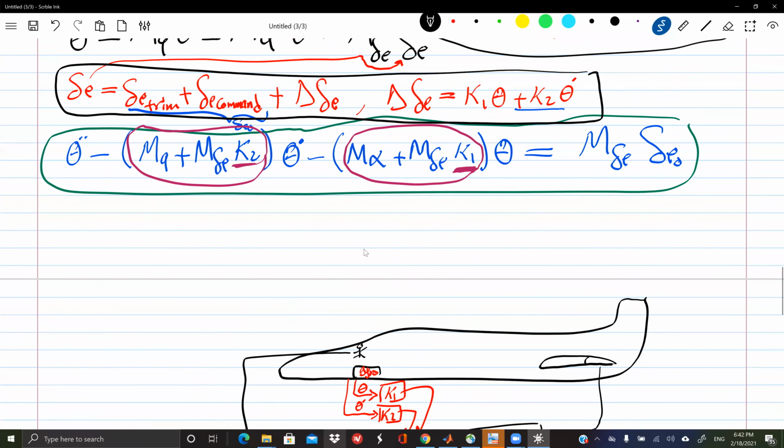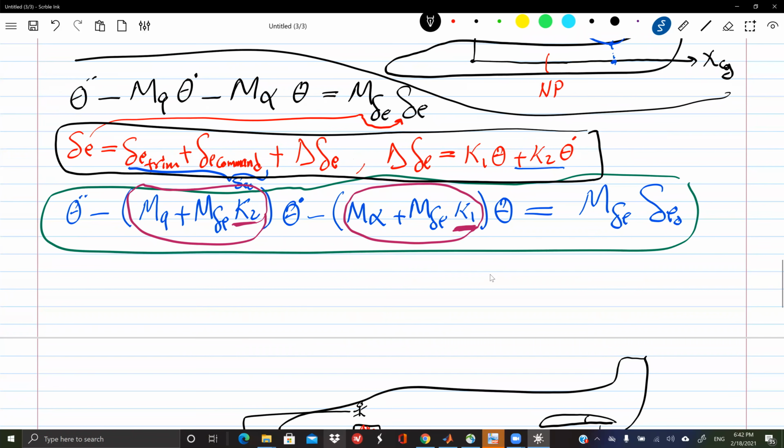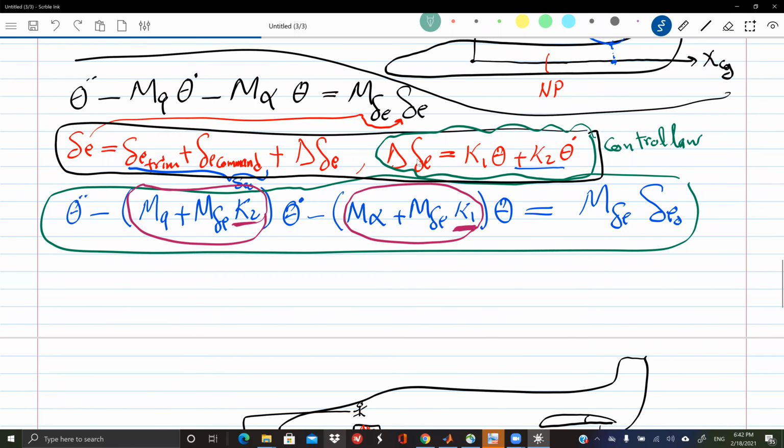Remember, by the way, this is what we call our control law. The law that governs your controller, your input. Because all I need in this control design is how much input should I give at each instant to stabilize this airplane?